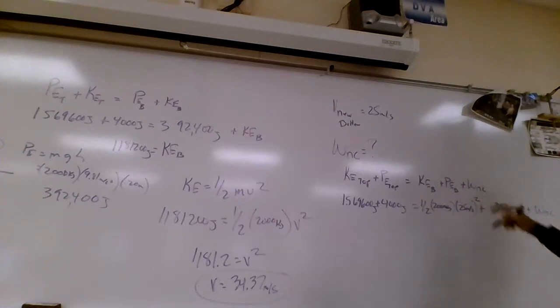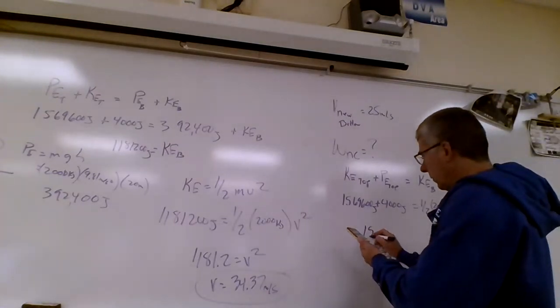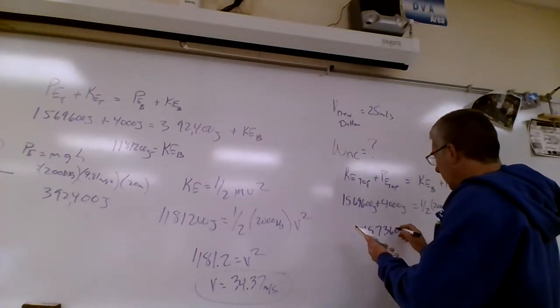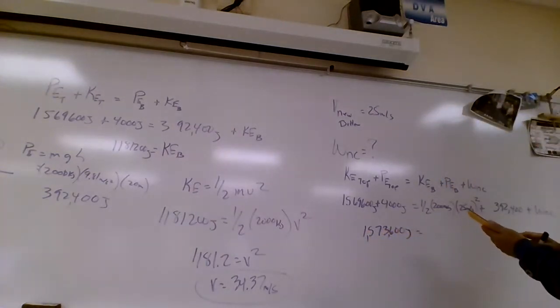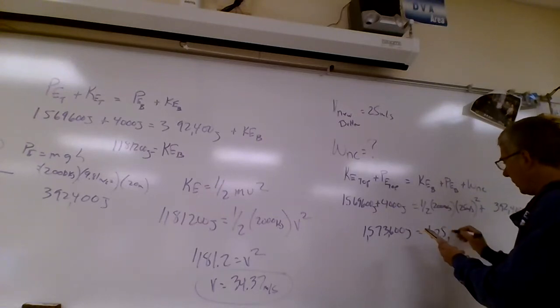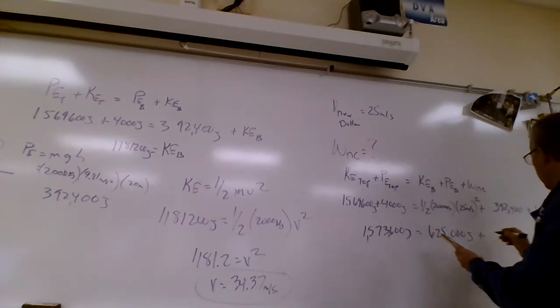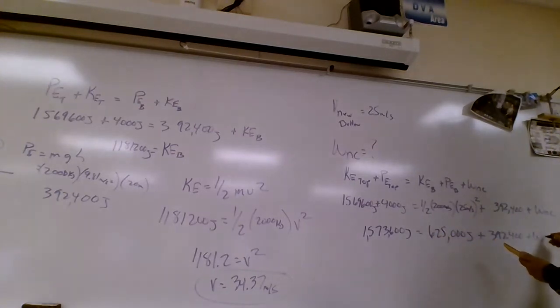Okay, so we'll do this here. 1,569,600 plus 4,000 gives us 1,573,600. And then 0.5 times 2,000 times 25 squared gives us 625,000, plus 392,400 plus W non-conservative.